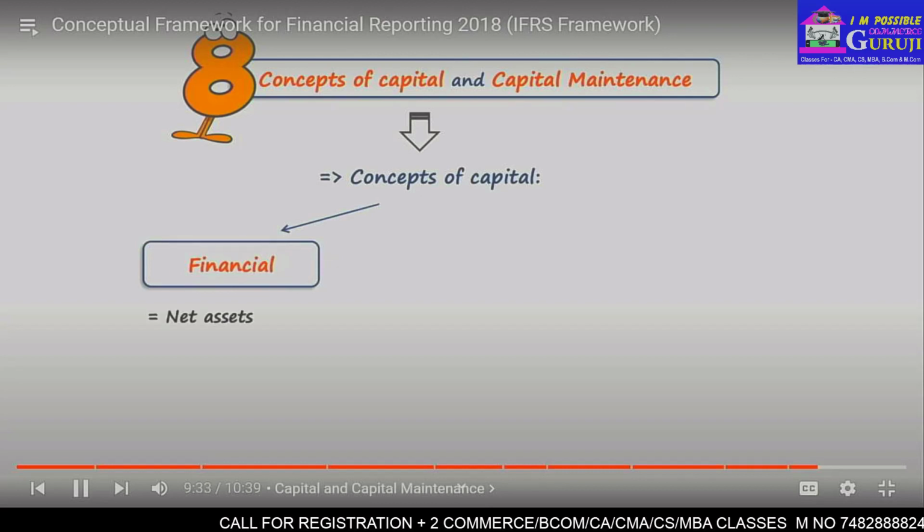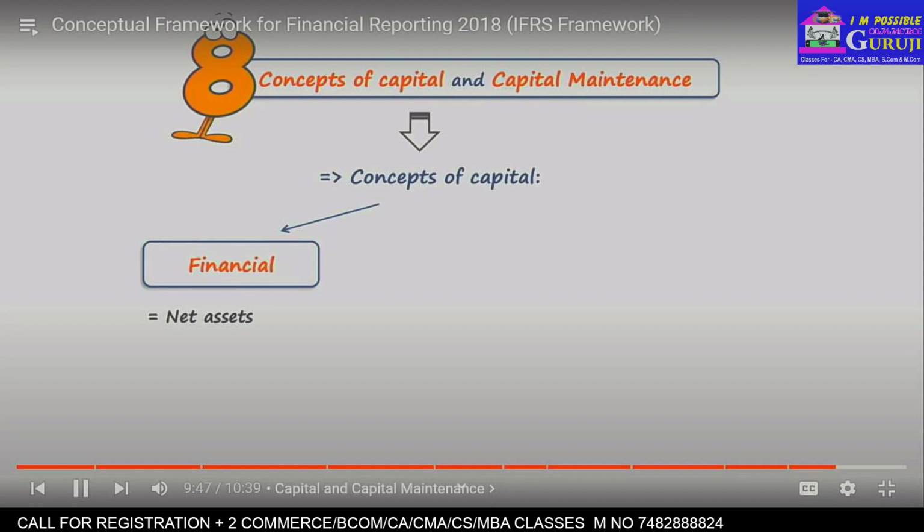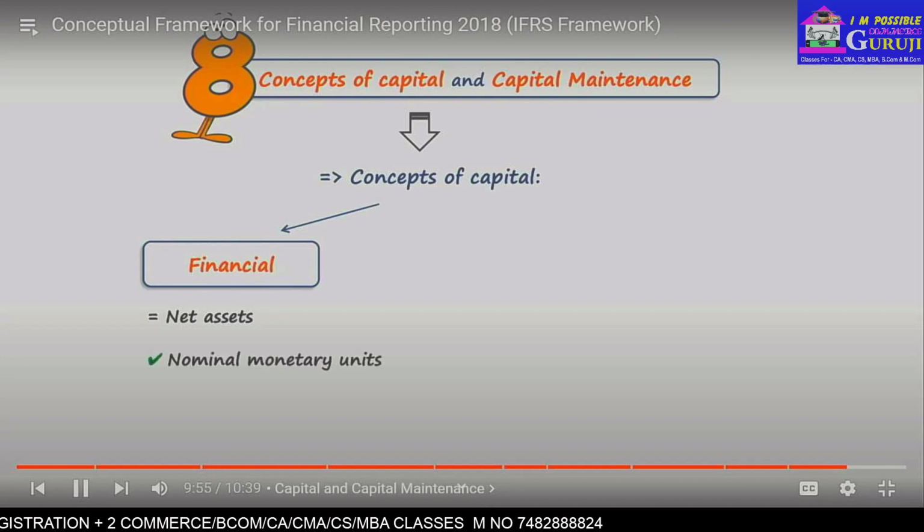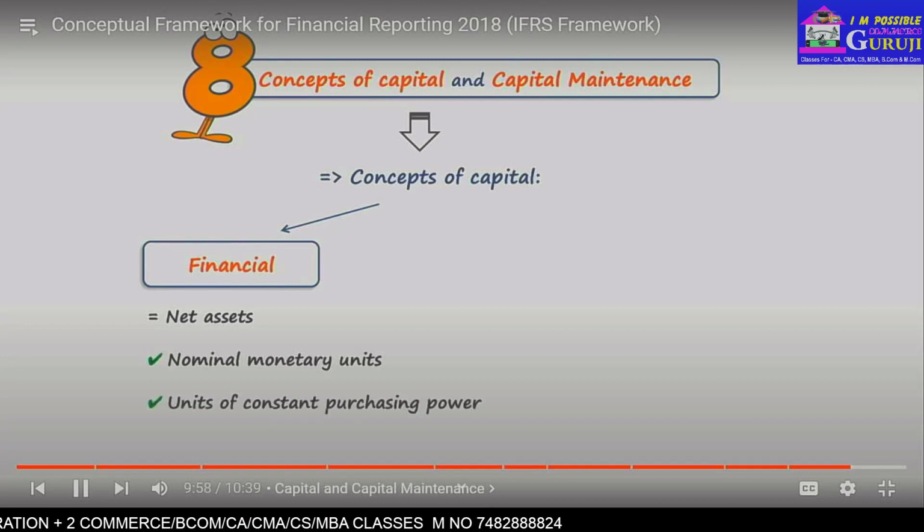Under the financial capital maintenance concept, the profit is earned only when the amount of net assets at the end of the period is greater than the amount of net assets at the beginning, after excluding contributions and distributions with equity holders. And this financial capital maintenance can be measured either in nominal monetary units or units of constant purchasing power.